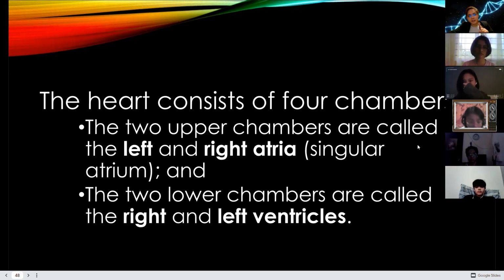So it is a 4-chambered heart with 2 circulations at the same time. That is the reason why. The 2 upper chambers are called the left and right atria. Atrium is the singular.